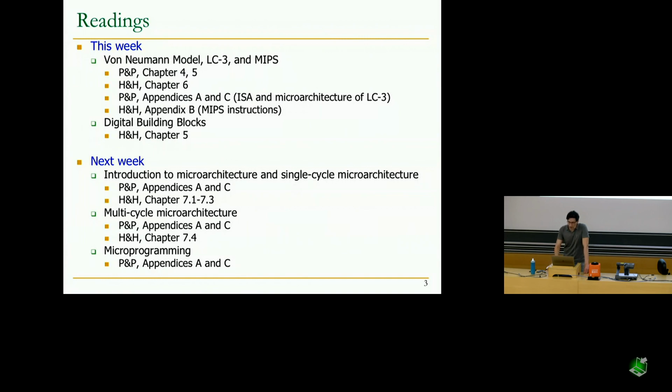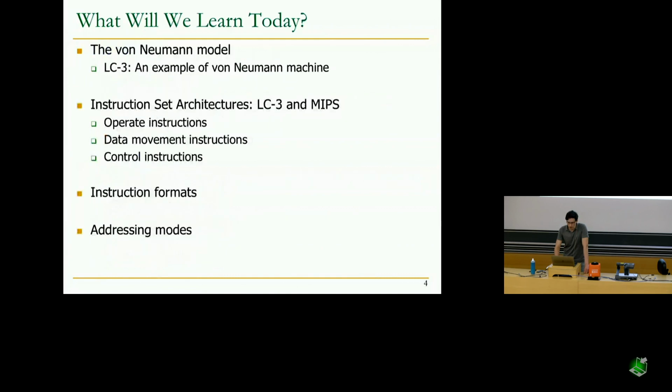Okay, so let's start with the contents that we need to visit today. What will we learn today? As I said, what we are going to learn is the von Neumann model and LC3 as an example of a von Neumann machine.